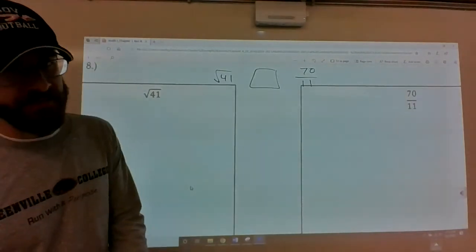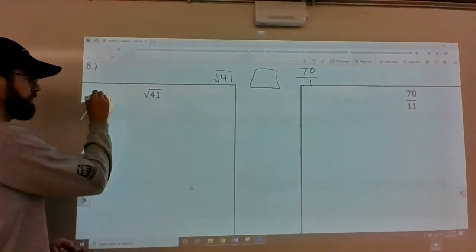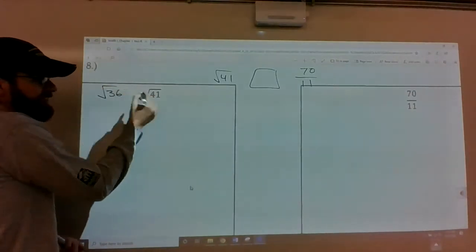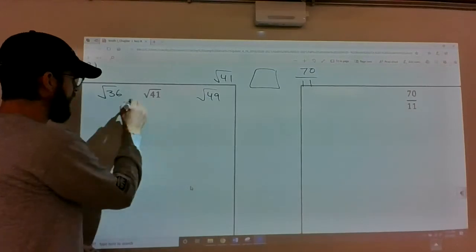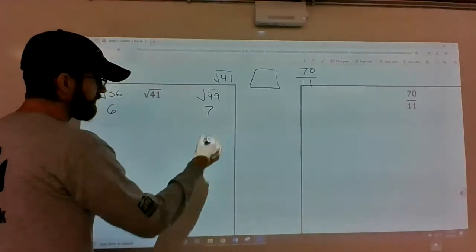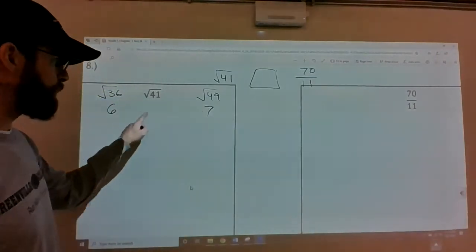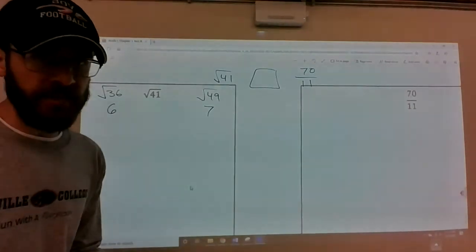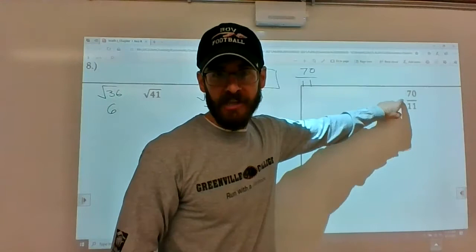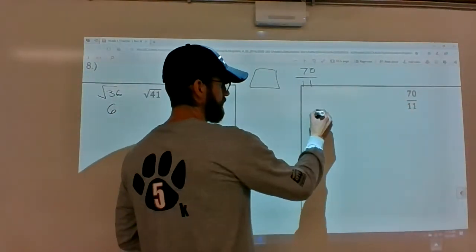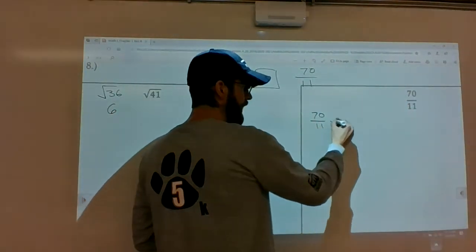We can estimate that it is really close to, or between, these two. Root 36 and root 49 are 6 and 7. It's 6 point something. That's all we can really say about it right now. But we can turn 70 over 11 into a root by multiplying it by itself.